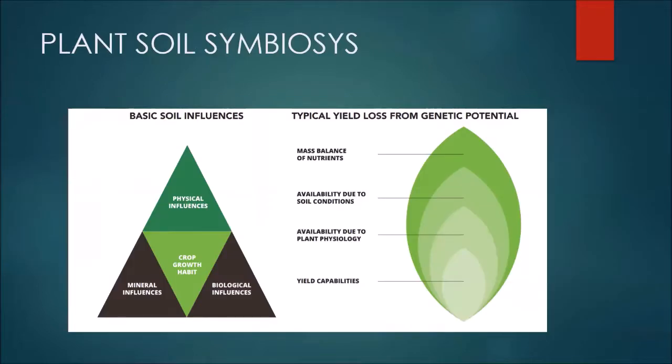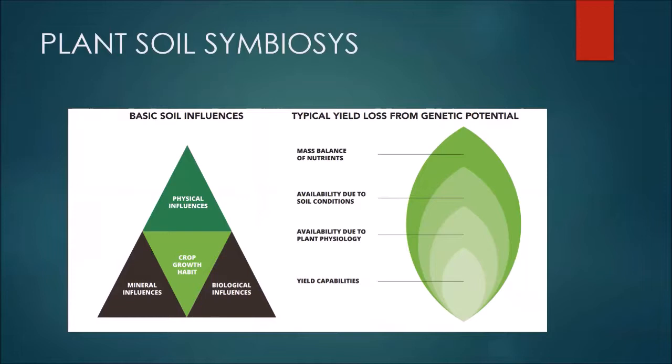And this is what we refer to as plant-soil symbiosis. So the infographic on the right-hand side illustrates some of the theory behind why the plant, in the initial picture on the home screen, at the very first slide, can go from having a larger leaf to a smaller leaf and back.